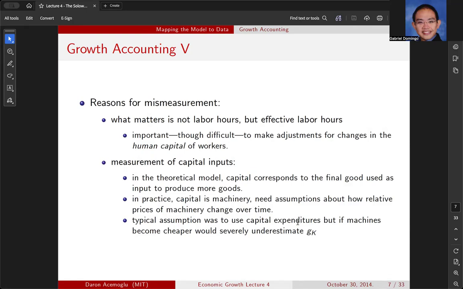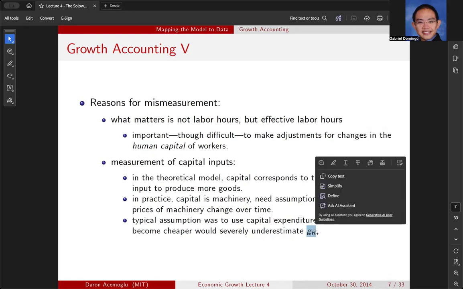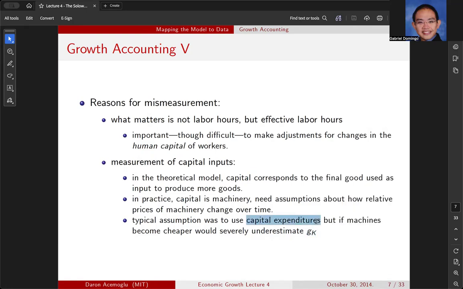But if the price of investment is falling and machines become cheaper, you would then severely underestimate GK, because GK is meant to be, strictly speaking, not the growth in capital expenditures, but the growth in real capital expenditures. Okay, which in practice we sort of use capital expenditures, but we would normally try to deflate it using, say, a CPI or the price of capital goods.